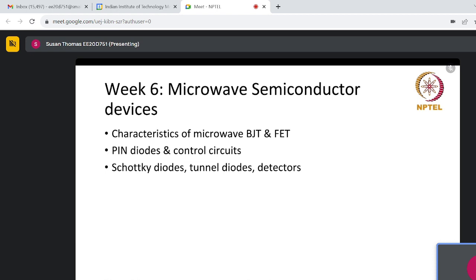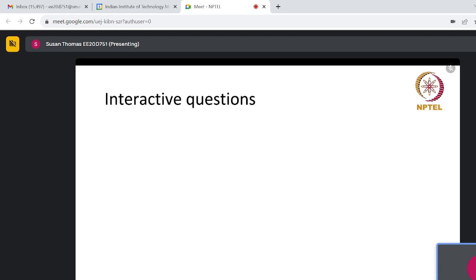Then you have also come across some of the diodes and detectors like Schottky, tunnel, Gunn diode, IMPATT diode, and varactor diode. I have a few questions in mind just to refresh the concepts. We won't discuss everything in detail because it's already there in the video lectures, but today's session we'll make sure that you got the concepts right.